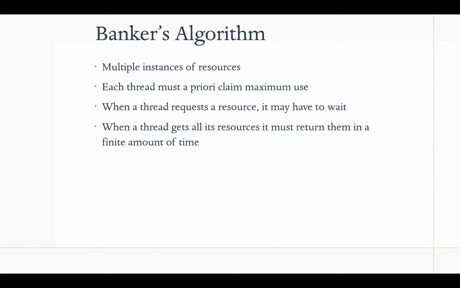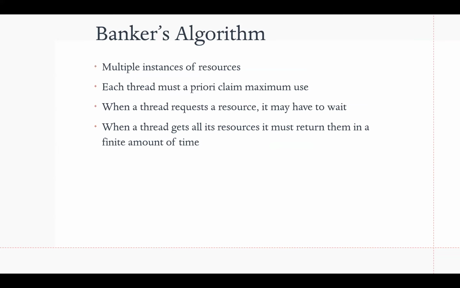Now the banker's algorithm. So when to use the banker's algorithm? When there are multiple instances of the resources, we cannot use the resource allocation graph because the resource allocation graph can exhibit only a single instance. So the better way is to go for the banker's algorithm for efficient usage of the avoidance algorithm.